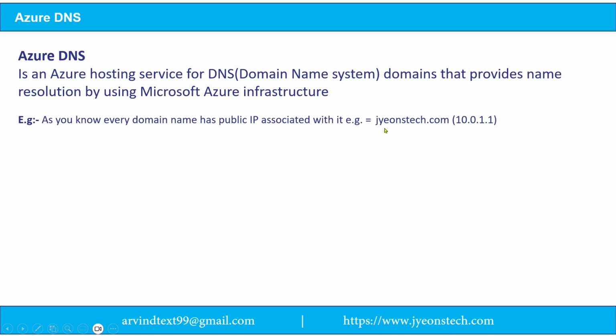For example, this is my domain, geonstech.com. This is a domain name and a public IP is associated with it. So if you type this public IP in the browser, my website will open.